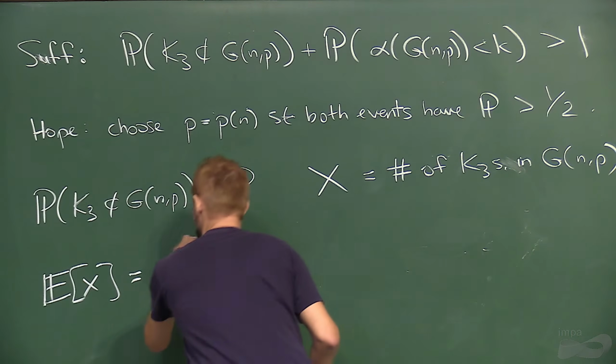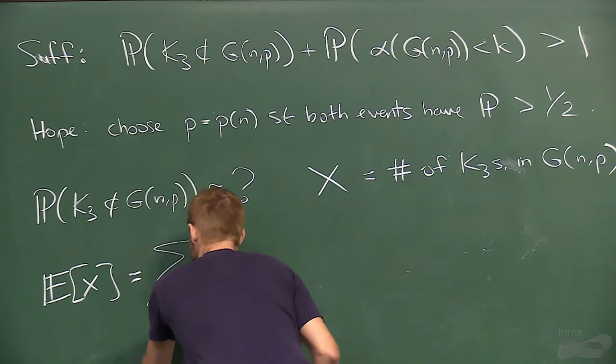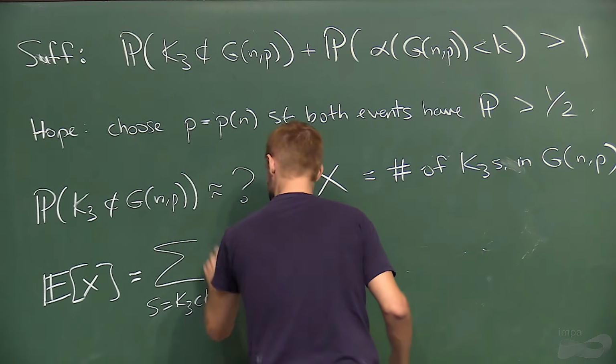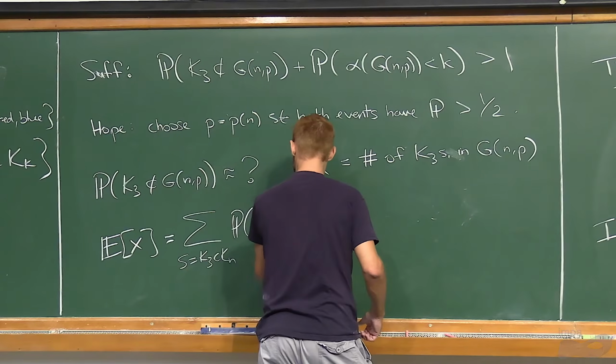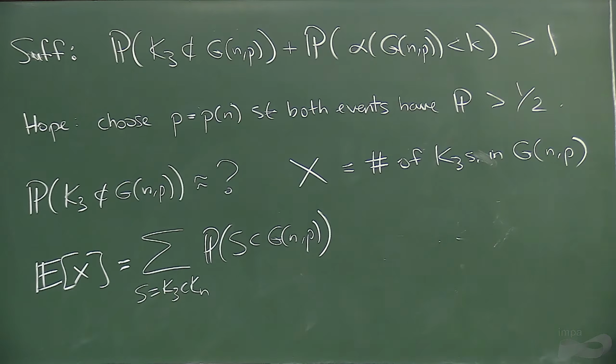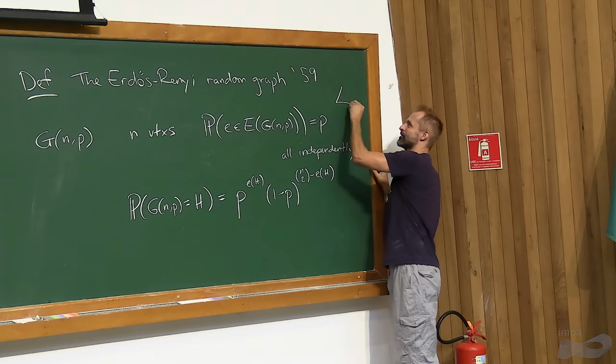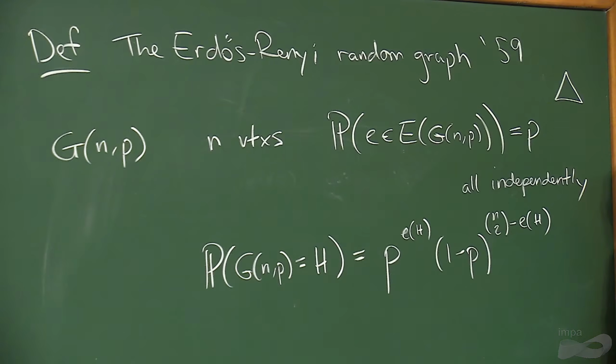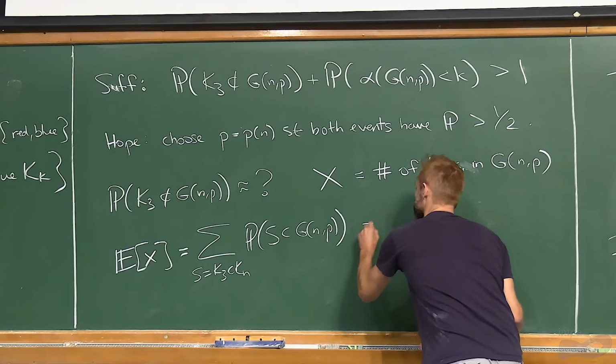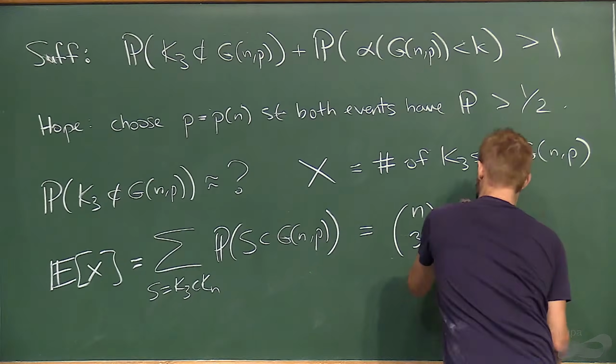Equals the sum over all triangles in the complete graph of the probability that that particular triangle is contained in G(n,p). Each edge is present with probability p, all independently. So the probability is p cubed for every triangle. There are n choose 3 triangles, so it's just n choose 3 times p cubed.